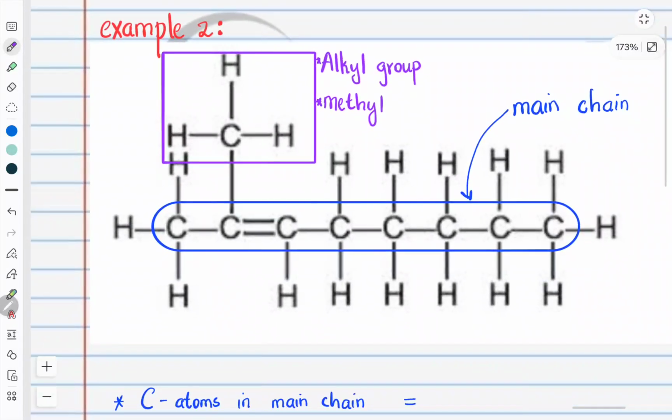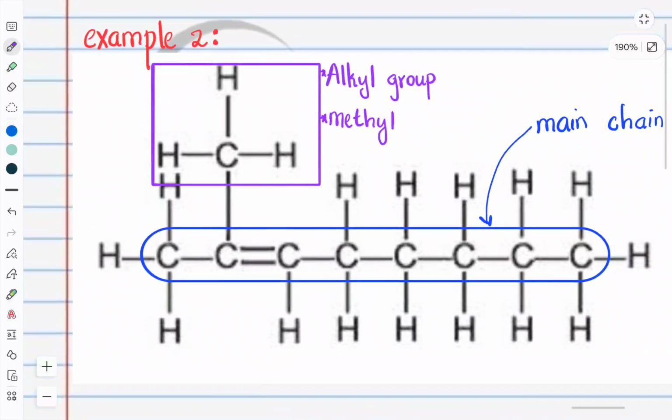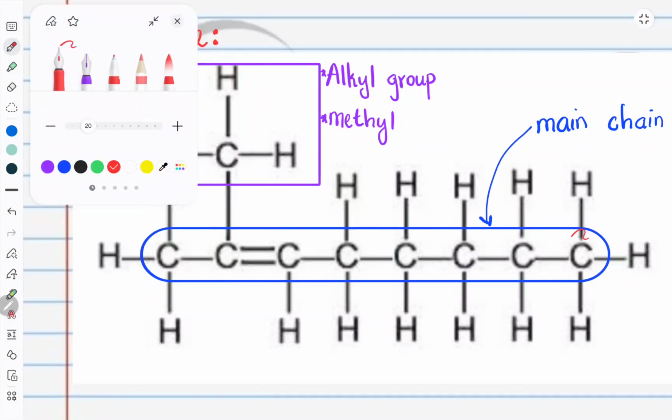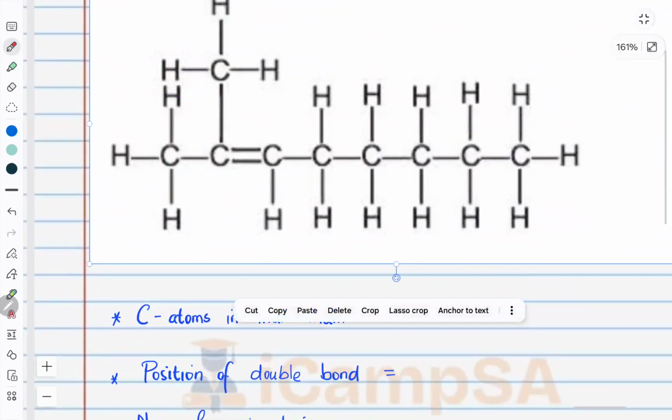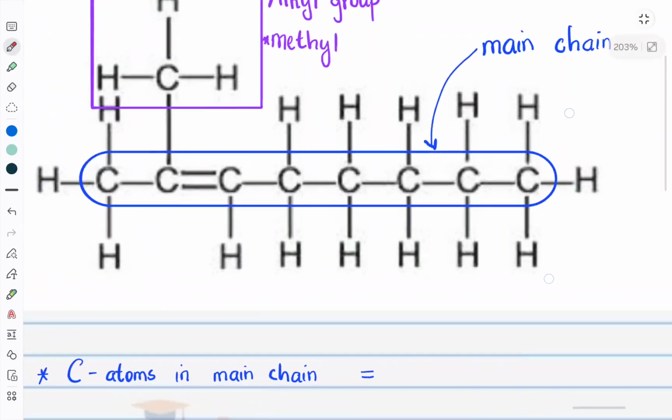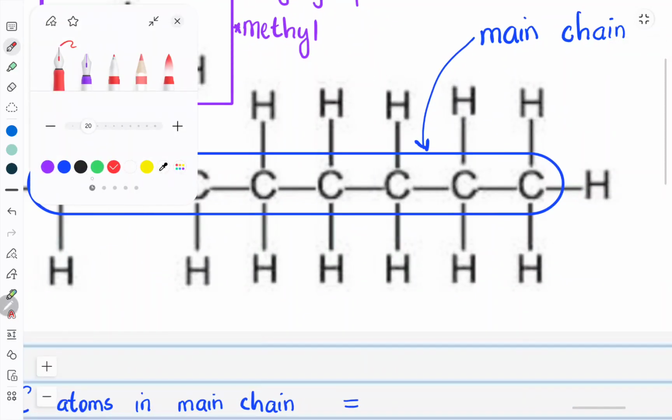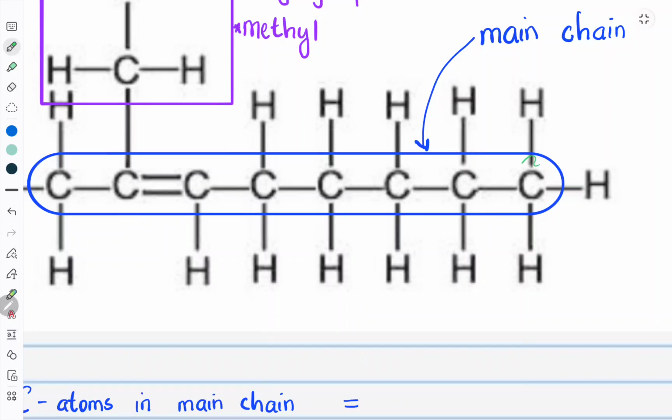Right, so now let's start numbering our carbon chain. If I number from right to left, here's what I get: 1, 2, 3, 4, 5, 6, 7, and then 8.